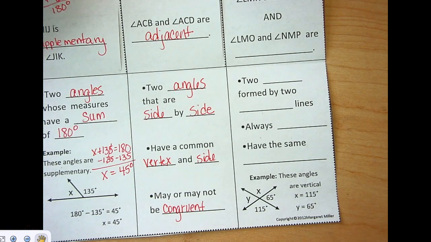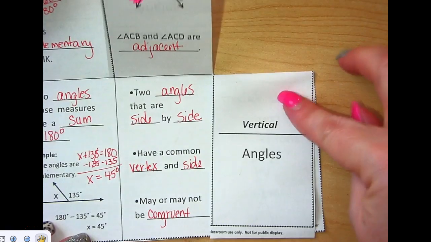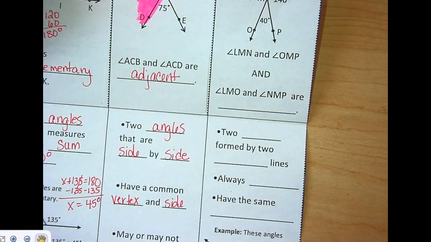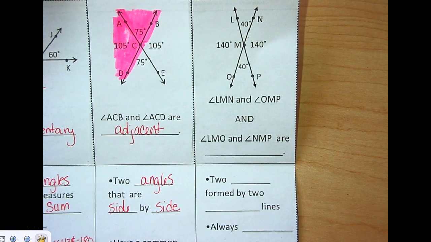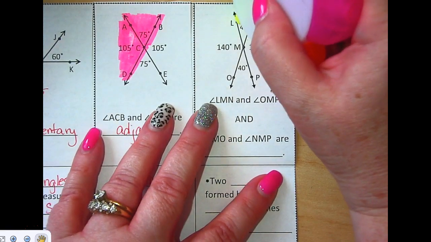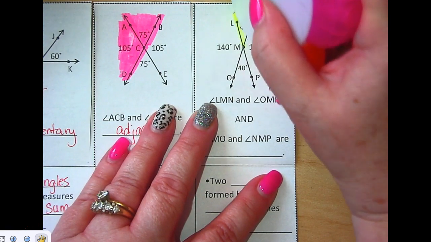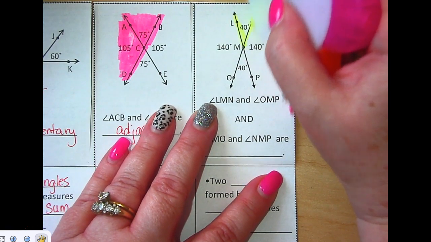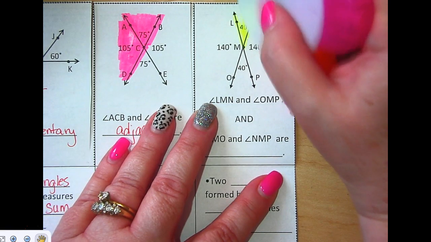These are going to be vertical angles, directly across from each other, vertically. So this says angle LMN. Start with your highlighter on L, go to the vertex at M, and then go up to N. We're talking about this angle right here.